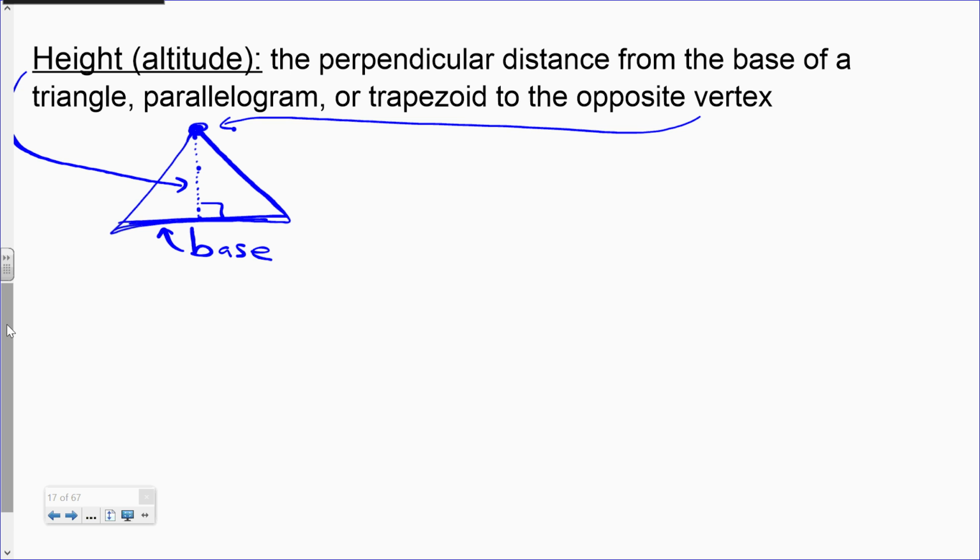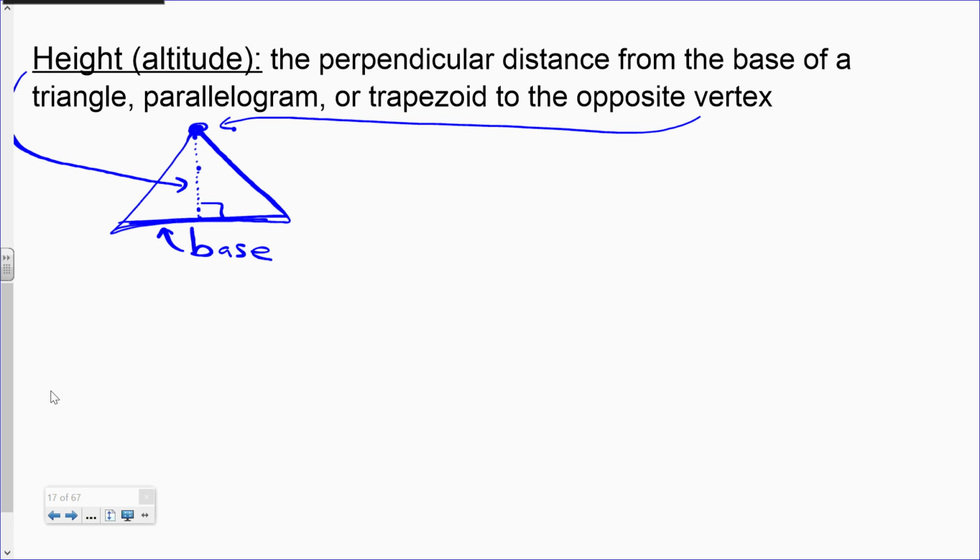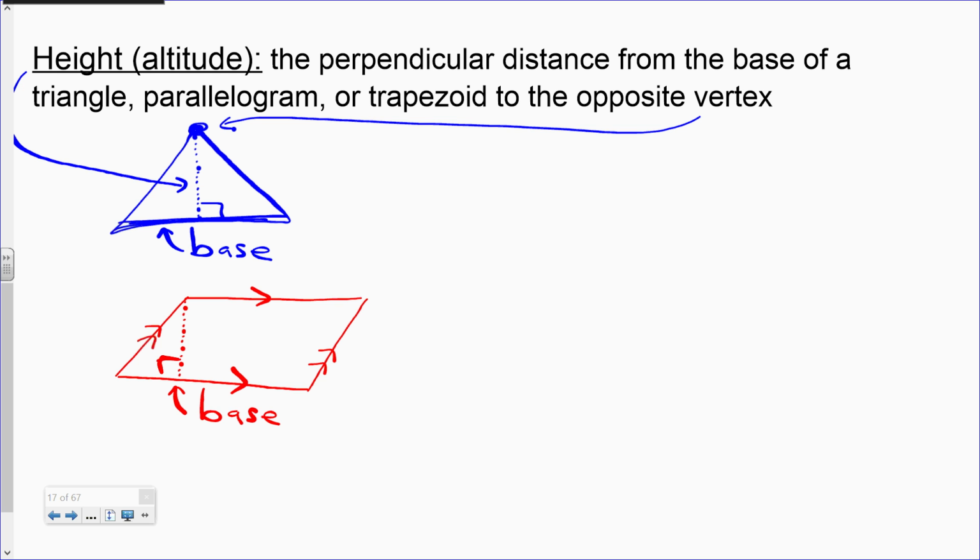Okay, what about a parallelogram? What's the height of a parallelogram? Well, it's the same thing. It's the perpendicular distance from the base to the opposite vertex. Let me show you what I'm talking about. Let me draw a parallelogram. Do it with me. Again, the arrows indicate parallel. Watch this. This is my base. Perpendicular, look at 90 degrees.